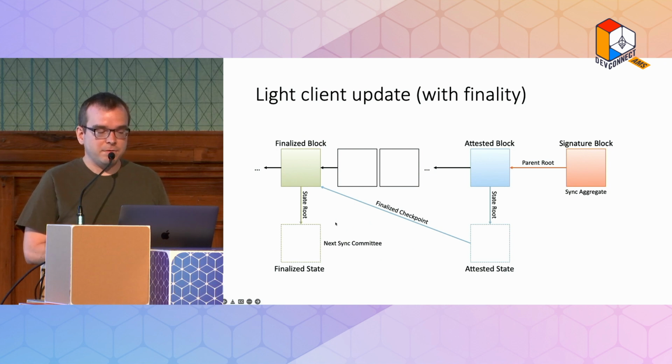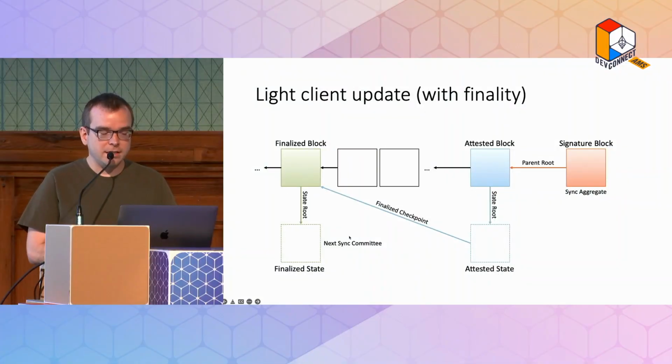And then you have two Merkle proofs, one of them that puts the next sync committee into the verified block. And then you have to verify this finalized checkpoint pointer from the previous block to the finalized block. And then you have to verify also the signature of this sync committee for the attested block.